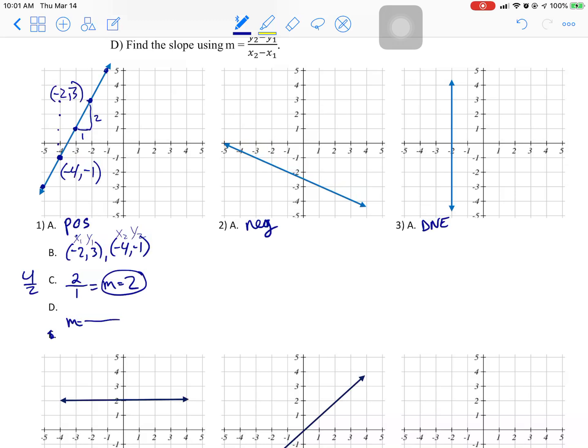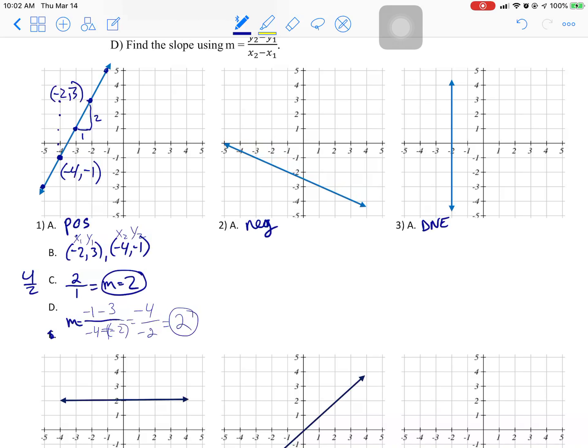So this would be what? -1 minus 3 over -4 minus a -2. -4, that's a +2, so -2. That all turns into a 2. Okay?